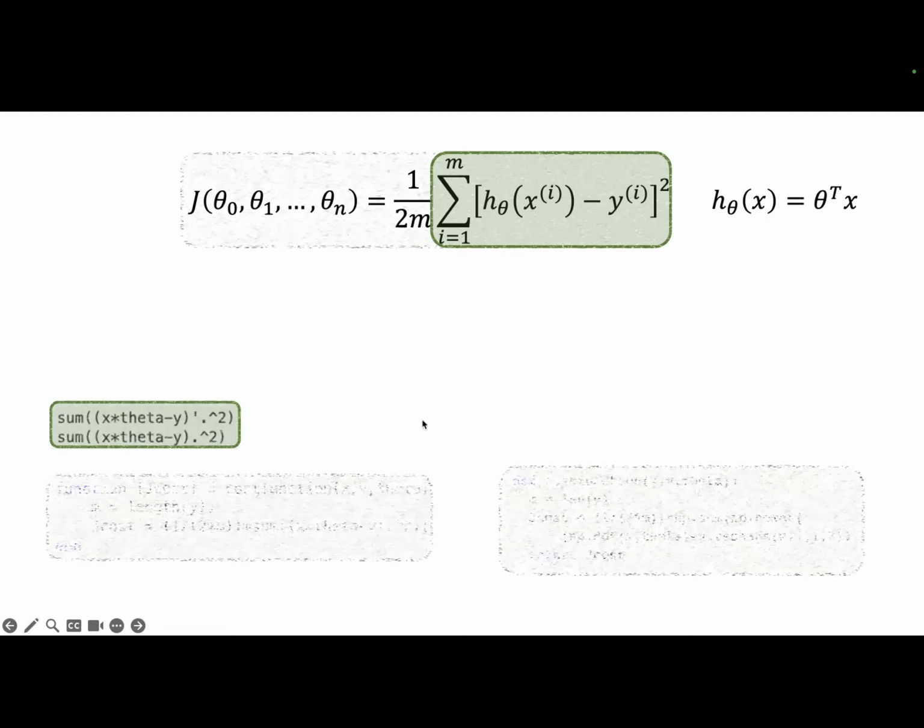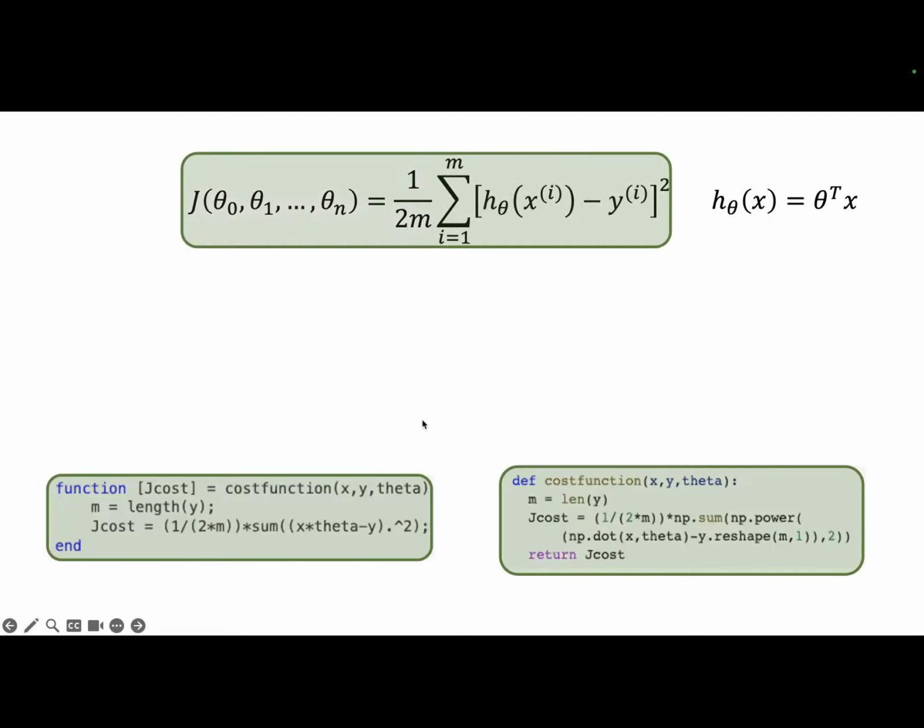Okay. Now to get the cost function, syempre di-divide natin siya by 1 over 2m. So ito na yung cost function natin. And of course, we're going to make a function out of that. So yung cost function na may input na x and y, ito yung data natin. And then input din natin yung theta. Okay?